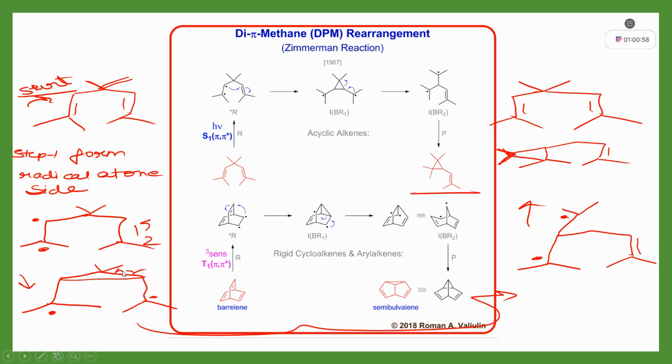Now you have to break that three membered ring from the side opposite to the side from where you have started. You have started from here, so you have to break that three membered ring from this side, not from this side. Understood this thing, Prashant? So you have to break this side. After breaking this side, this radical and radical will combine and form an alkene, and this radical will combine here and form a cyclopropane. Understood? So this was your di-pi-methane rearrangement mechanism.